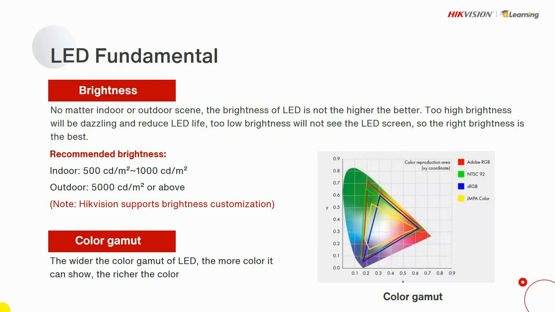And too low brightness, we will not see the LED screen, right? So with Hikvision LED products, we can control it inside a suitable brightness range. For indoor, it's recommended 500 to 1000 candela per square meter. For outdoor LED, it's recommended to have a brightness of 5000 or higher candela per square meter.